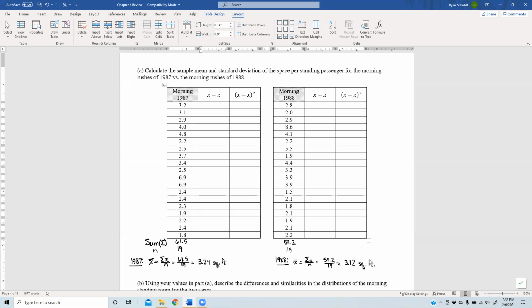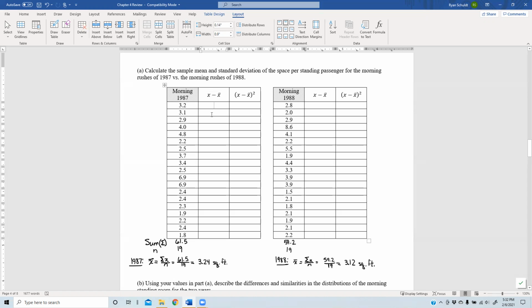Now, what I want to do is go through and start working on getting my standard deviation. To do that, I need to take the difference between the value and the mean.